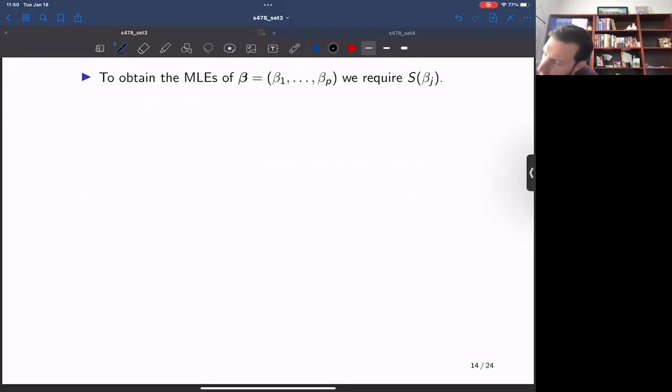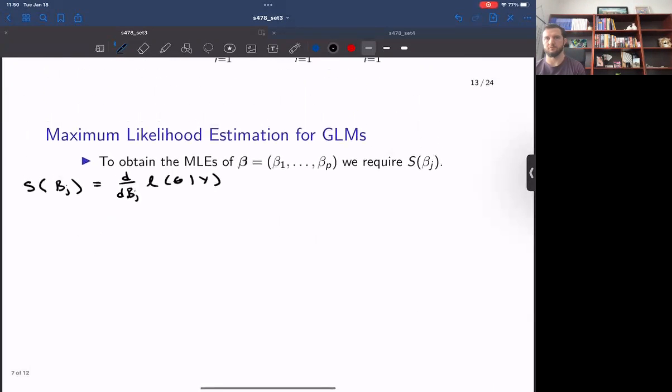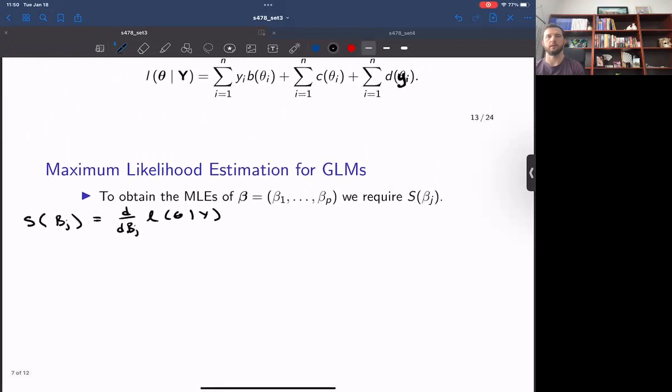S of beta j is equal to d by d beta j of the log likelihood of theta given y, from above. So this is just this thing right here. Okay.